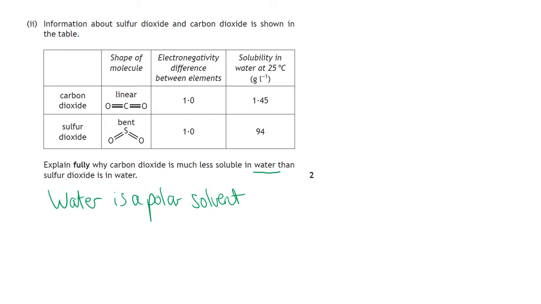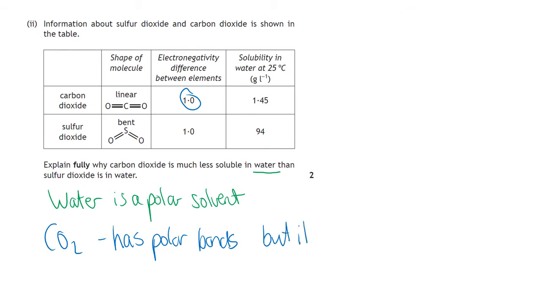Then let's think about our molecules. So CO2, it has polar bonds. We've got a difference in electronegativity, but it's symmetrical. So it is non-polar.